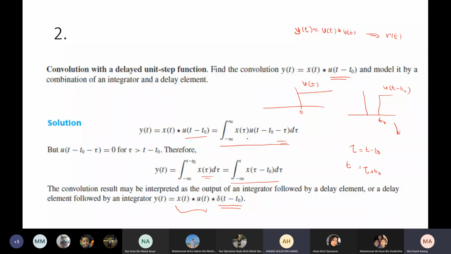Basically this one, when you want to do the integration, for example you put it at tau and this is 0. So basically this is actually t minus t naught.